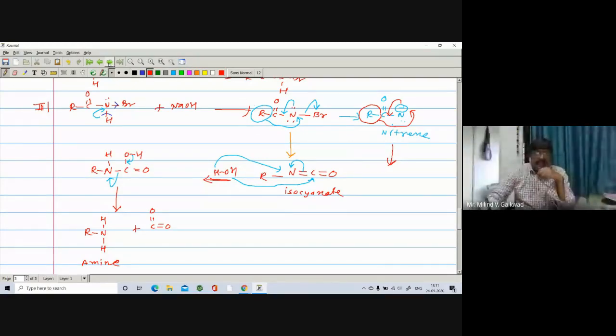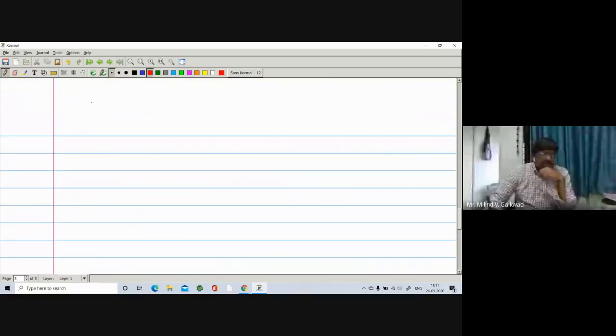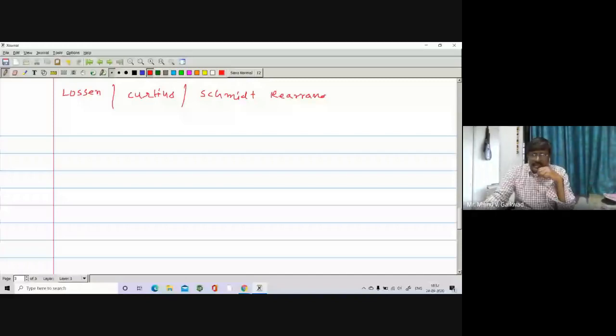Let's see the next, that is the Lossen rearrangement, then Curtius rearrangement, and Schmidt rearrangement reaction.